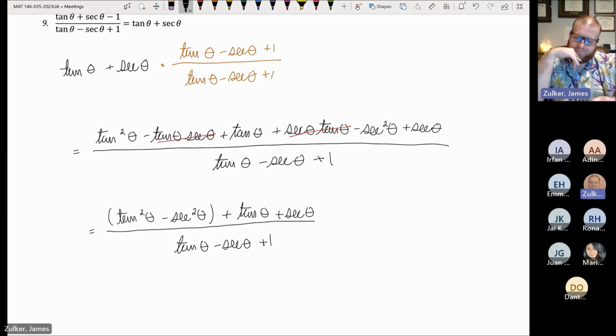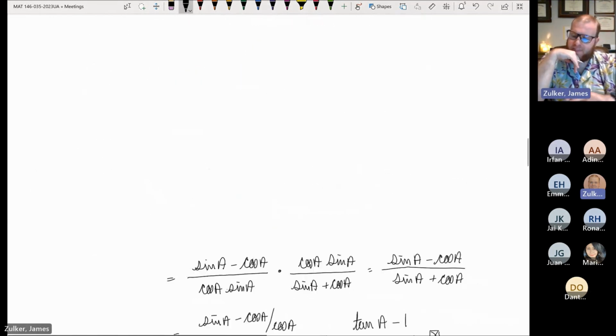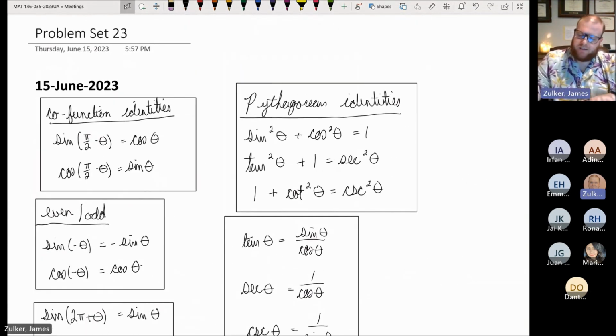Now, if we go back and look at the Pythagorean identity for tangent and secant, tangent squared minus secant squared is going to give us negative 1. See that?